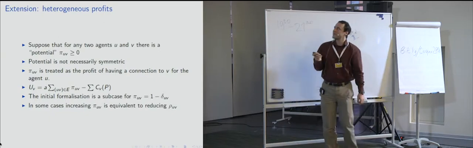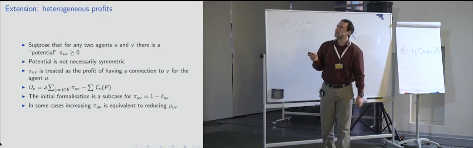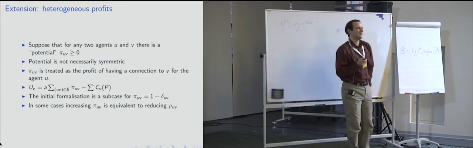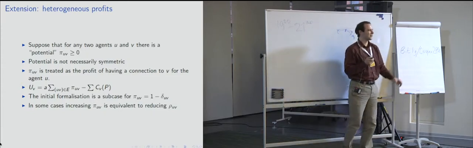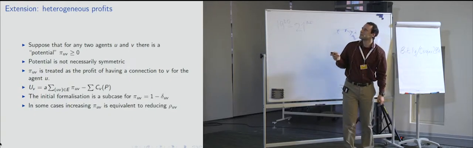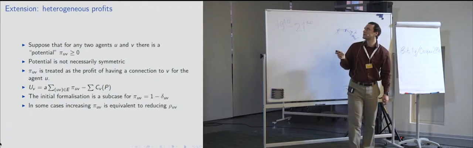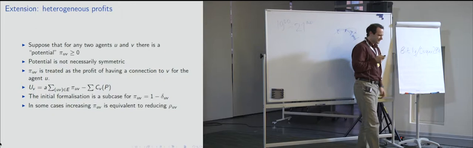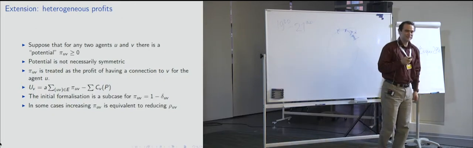But we obtain then, in some cases, that this expression is equivalent to the previous one. That is, increasing this pi is equivalent to reducing rho in the previous extension.